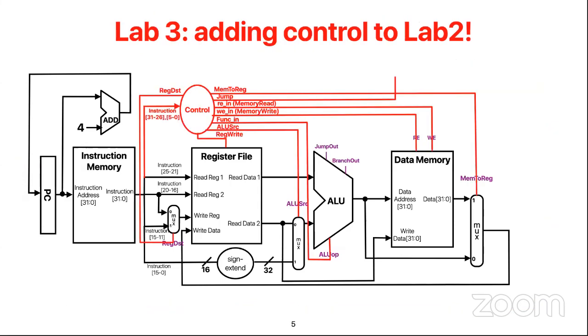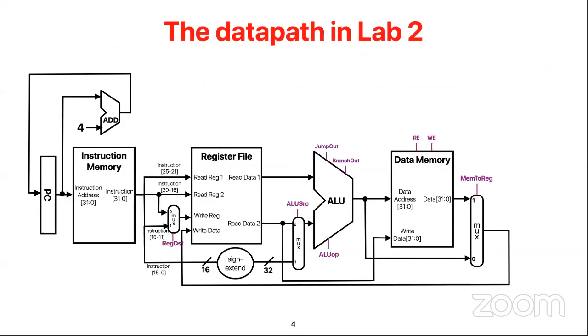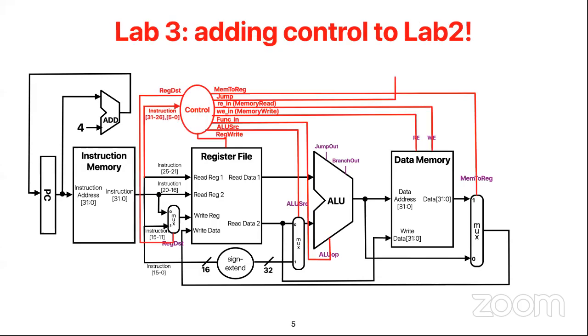But what's the difference between lab 2 and lab 3? Compare these two. Your data path components will maintain the same layout. They will not be changed. The only thing that you need to do in lab 3 is add these red parts on top of your data path.